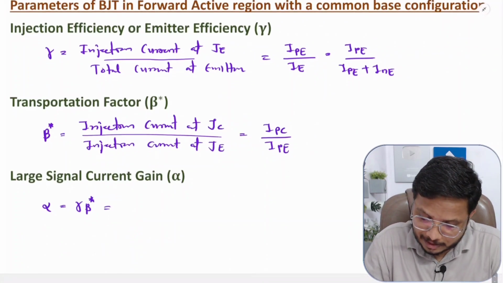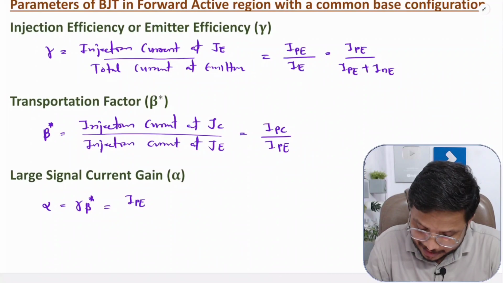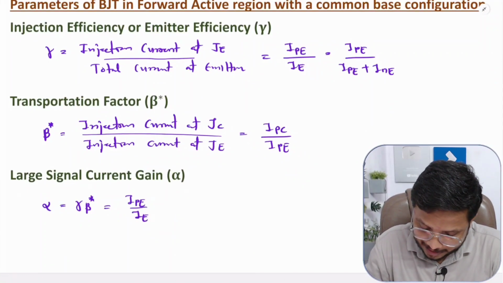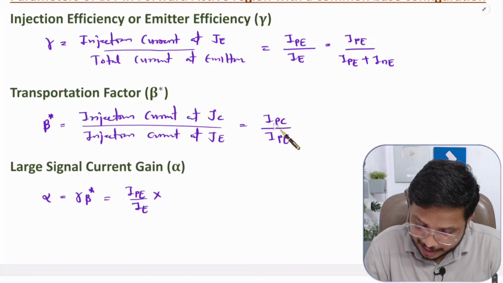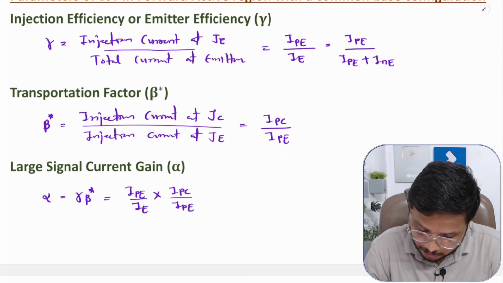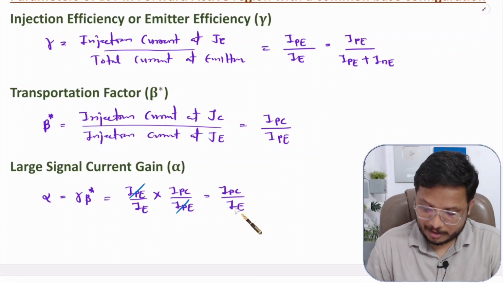Here gamma is IPE divided by IE, and beta star is IPC divided by IPE. So IPE gets cancelled, and you have IPC divided by IE.